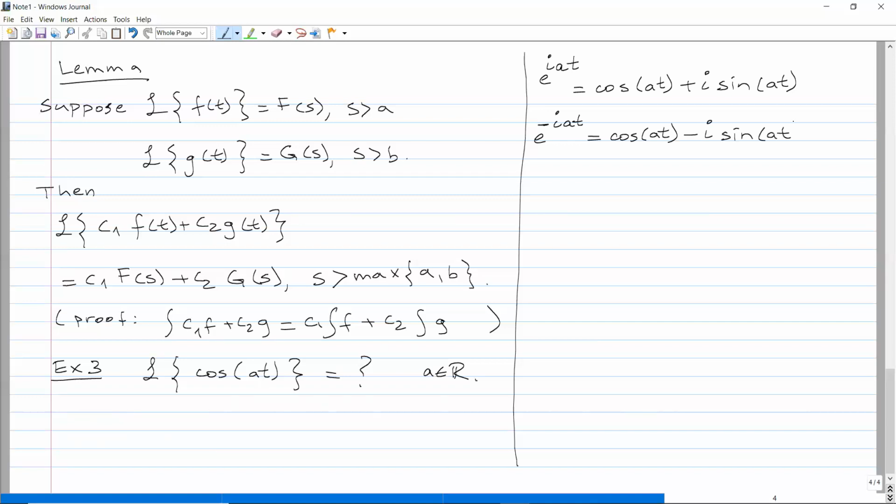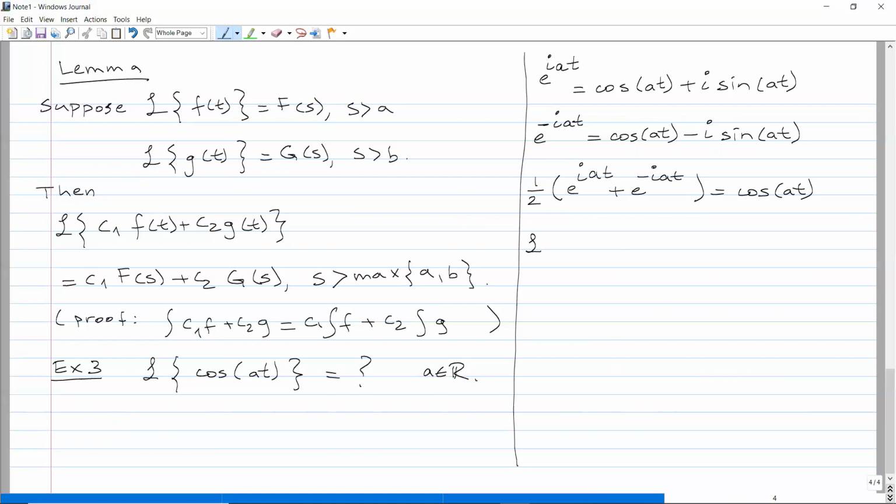So it's the complex conjugate, because cosine of minus at is the same as cosine of at, and sine of minus at is minus sine of at. If you add the two, you get twice the cosine function. So add and divide by 2: one half of e to the iat plus e to the minus iat gives me the cosine function.